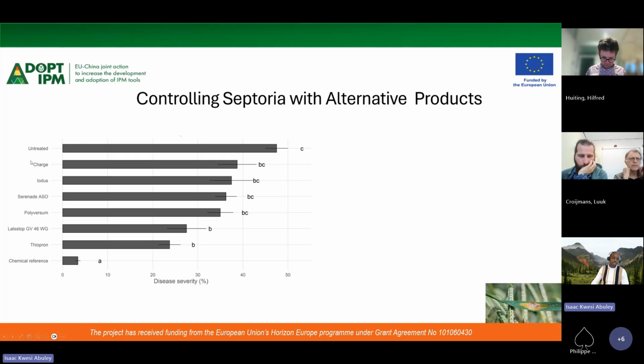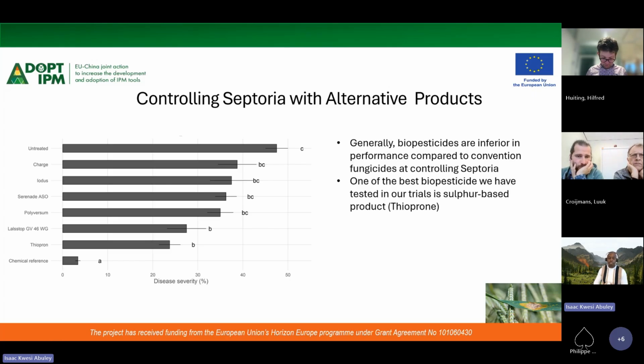At the top here, it's untreated, and then down here, it's the chemical reference, which is a standard fungicide. In general, we see that most of the alternative or biological products do not give a very good effect. In most instances, they don't differ significantly from the untreated. We do, however, see one sulfur-based product, Theoprone, which gives a very good effect.